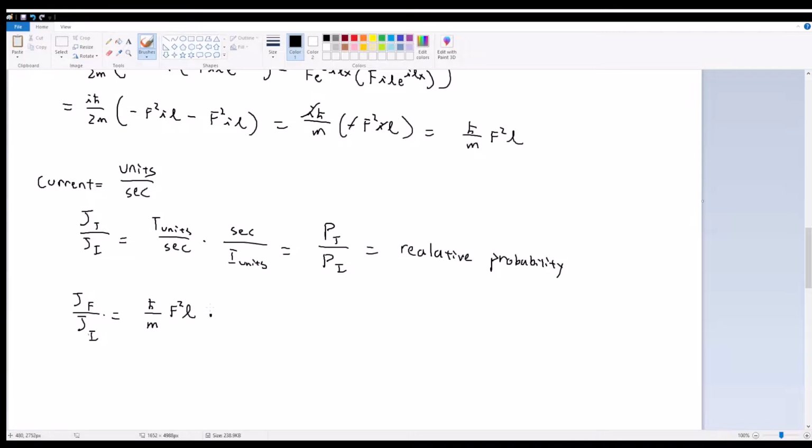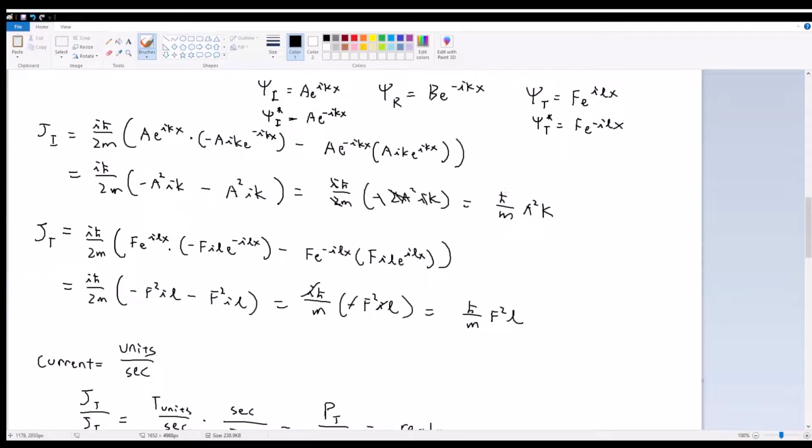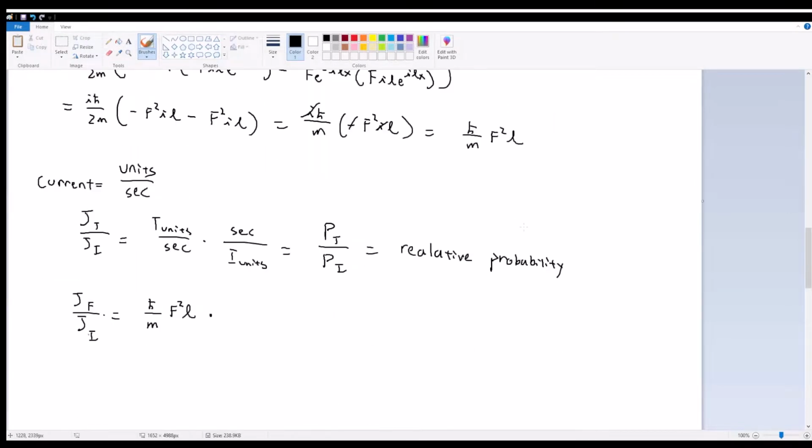And then we're multiplying by the reciprocal of j i, which is going to be m over h bar times 1 over a squared times k. If we recognize that f and a can be complex numbers, these squared terms are actually magnitude squared terms. So this is going to be l over k times magnitude f over a squared.